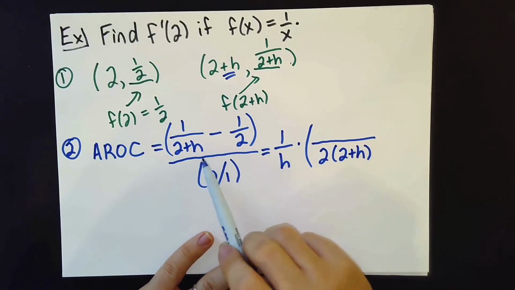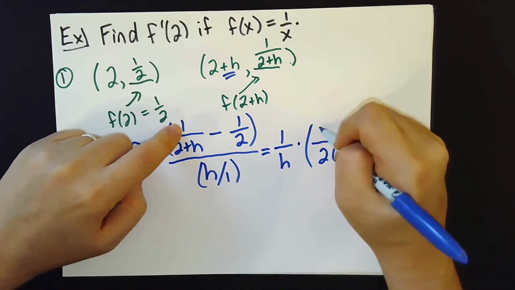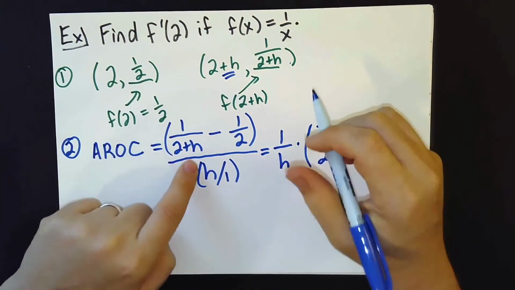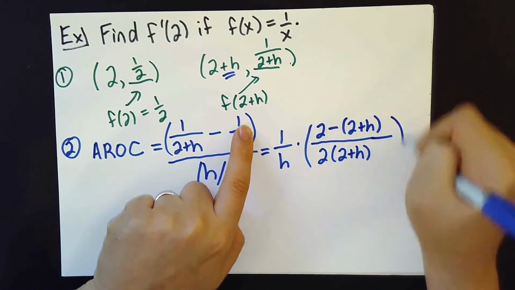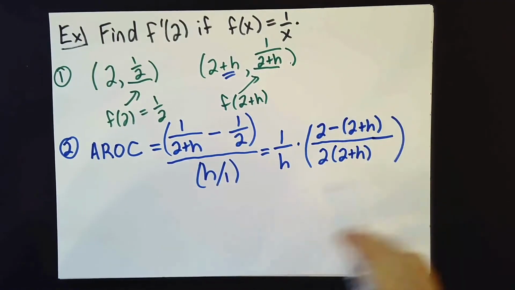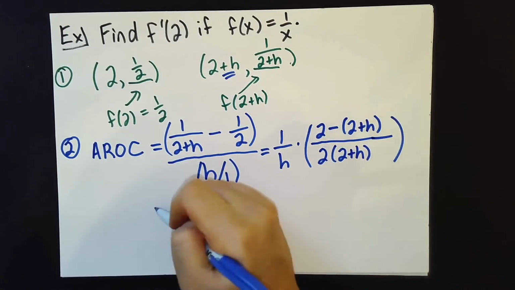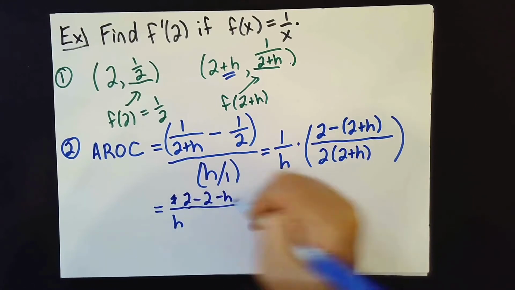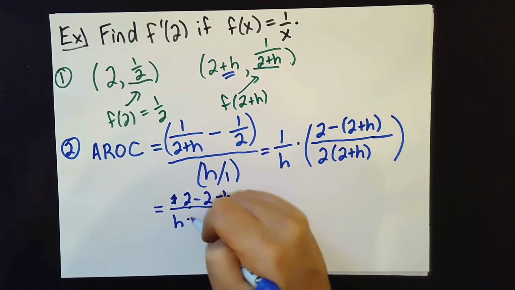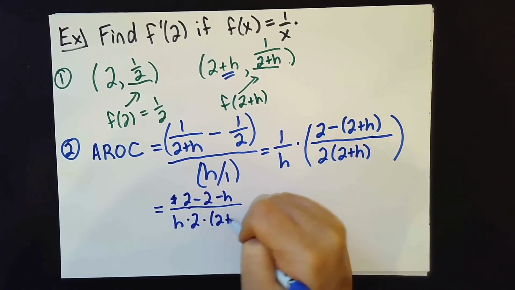This is missing a 2. This is missing a 2 plus h. So all our fraction goodness is coming back. So this is going to be 2 minus h divided by h times 2 plus h.